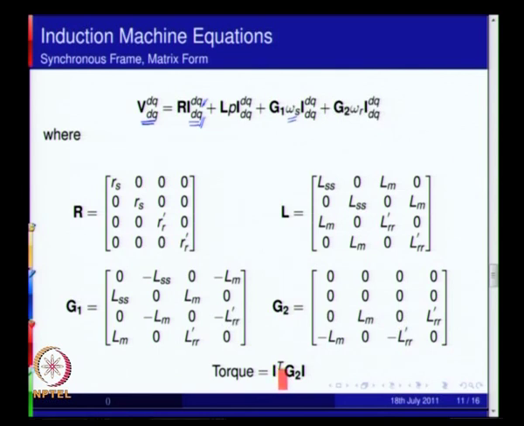Now why is this notation useful? This can then be used to look at what your small signal modeling can be.